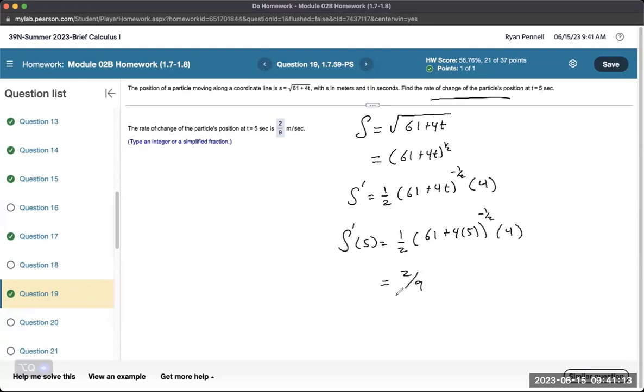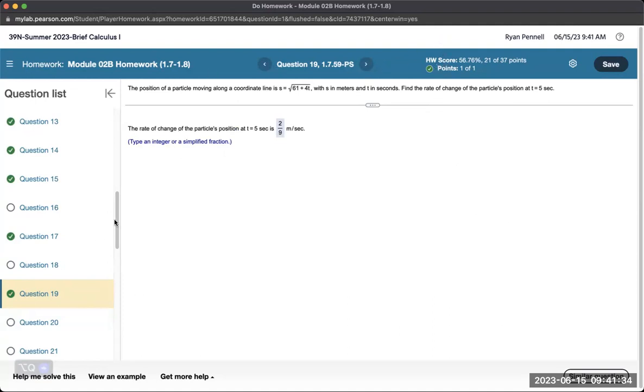For that I got 2/9. I really got 0.2222 repeating, but I had to convert that to a fraction because it wants a simplified fraction. It's not too bad, but it's a word problem, so that can mess us up a little bit, but it should be fine.